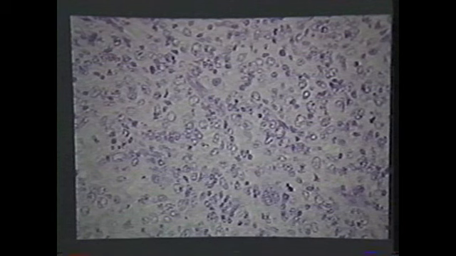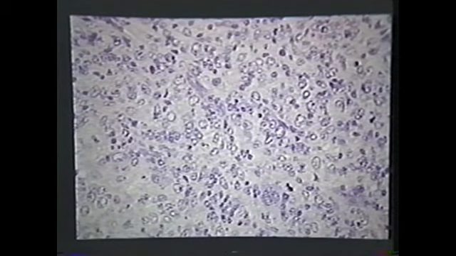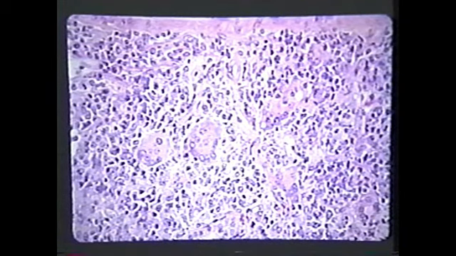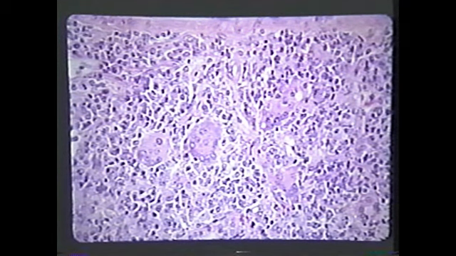In contrast, in this preparation we have a more heterogeneous population, varying from relatively poorly differentiated cells with large nuclei to an infiltrate of cells that resemble lymphocytes. And in this preparation, we have, in addition to identifiable lymphocytes, multinucleated giant cells and a very heterogeneous population. This would be referred to as a histiocytic sarcoma, reticulum cell sarcoma type B.